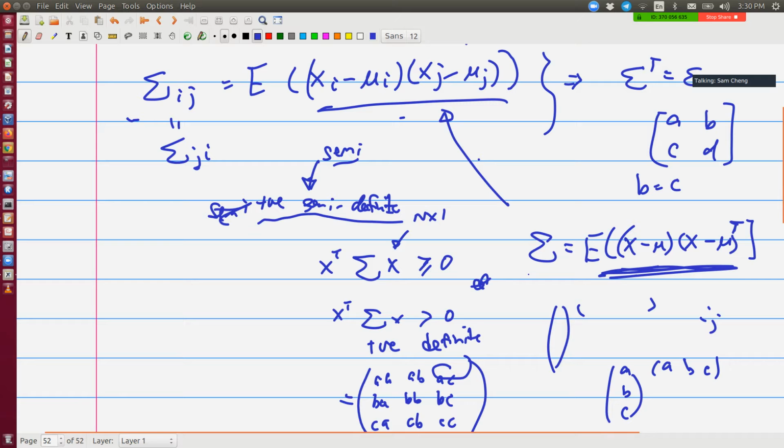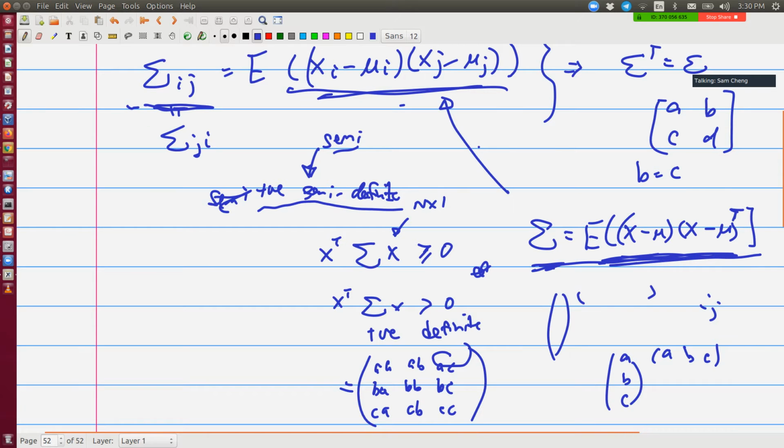So this is a very compact way to write down the covariance matrix. Each element of the covariance matrix is given by this, and the compact way to write it is simply like this. It's very convenient once you write it this way.